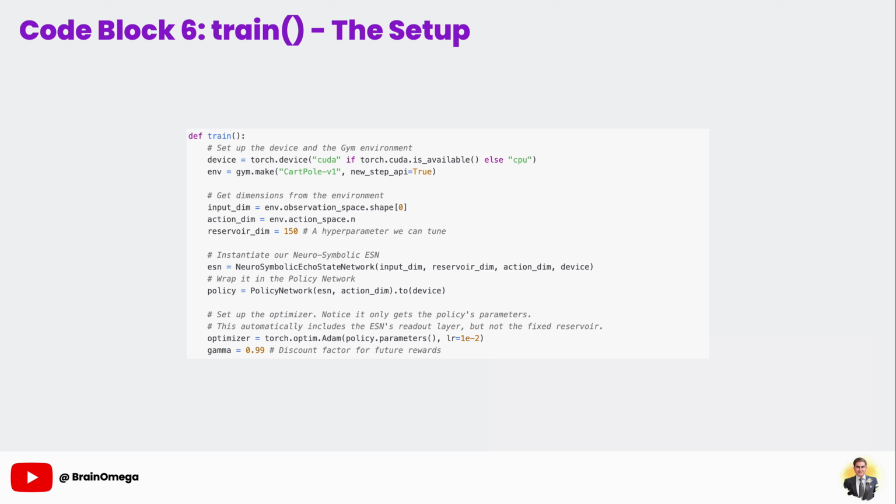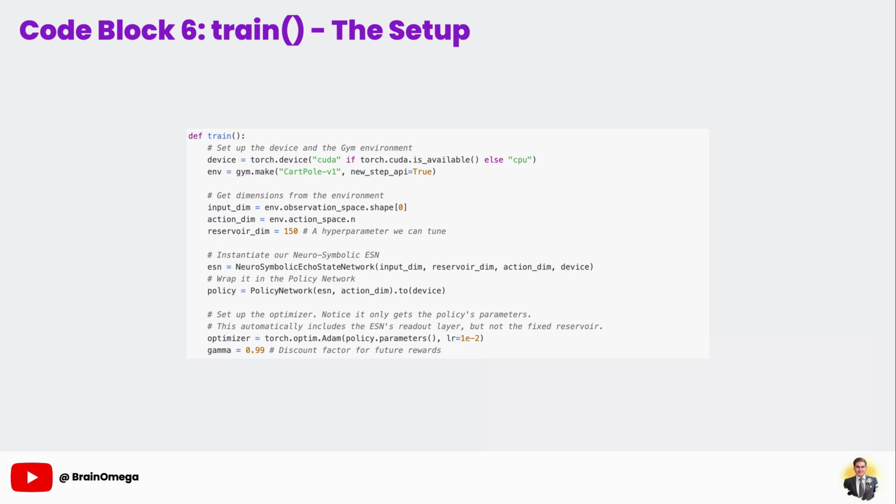This makes our code flexible. We also choose the size of our ESN's reservoir. This is a key hyperparameter we could tune later. Next, we instantiate our models. We first create the Neuro-Symbolic echo state network, and then we wrap it inside our policy network. Finally, we set up our optimizer. We're using the popular Adam optimizer.